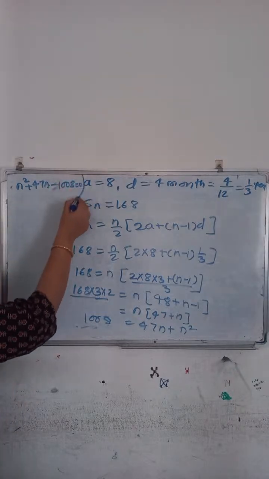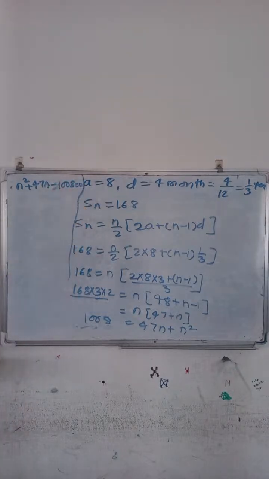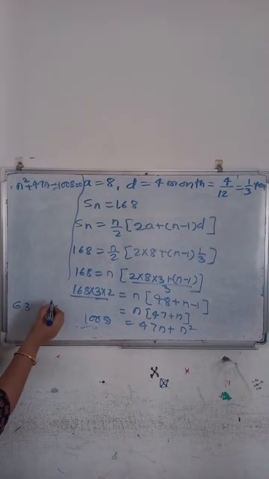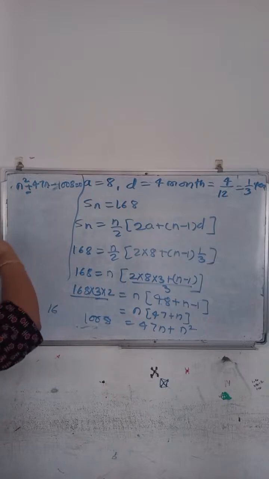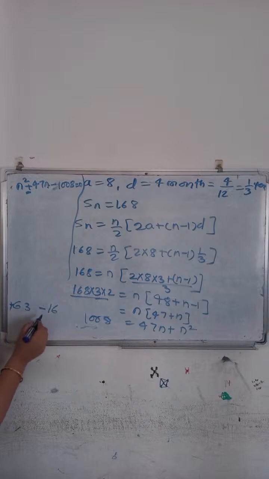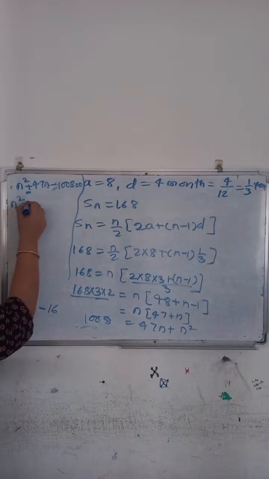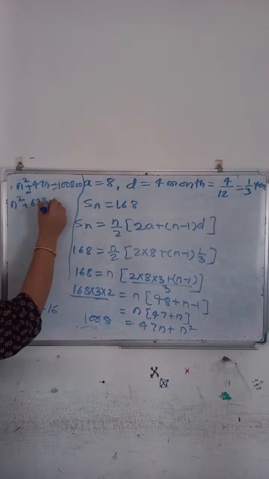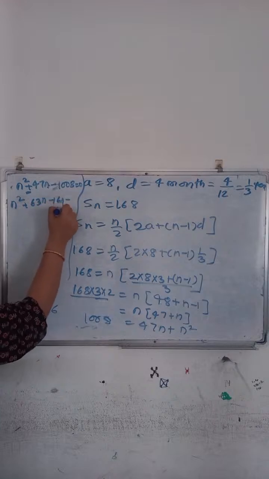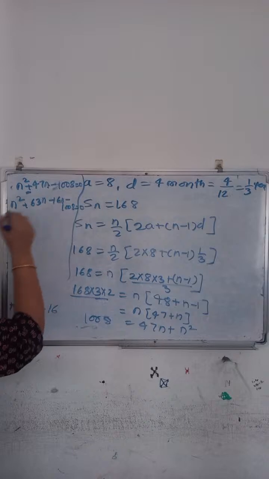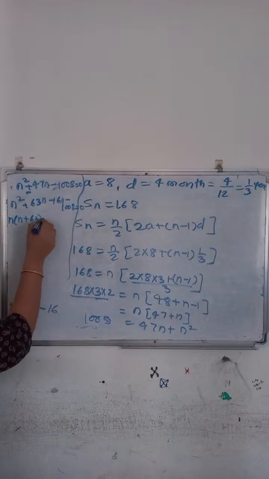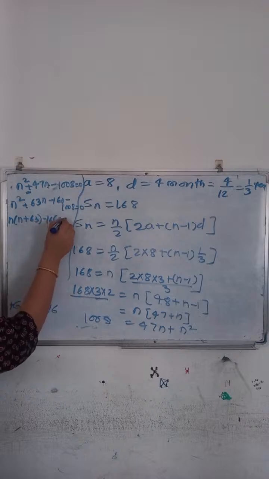Okay, so now find these factors of 1008. Take 63 into 16. The middle term I am getting is positive, so 63 is positive and 16 is negative. So n square plus 63n minus 16n minus 1008 is equal to 0. I take n common: n plus 63, and here minus 16 inside the bracket, (n + 63)(n - 16) equal to 0.